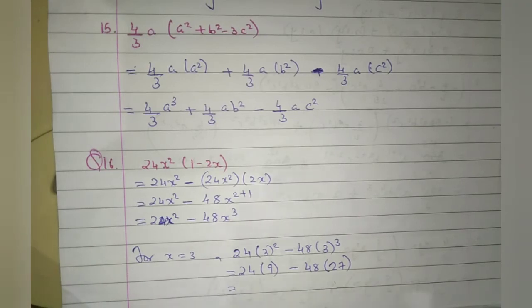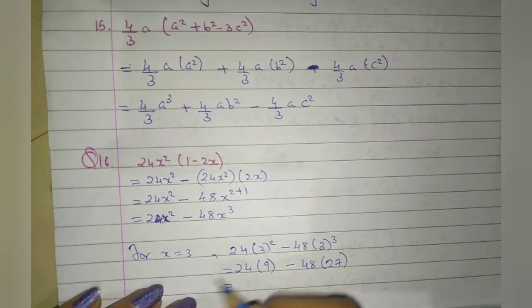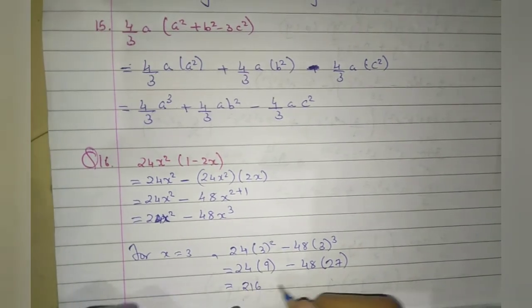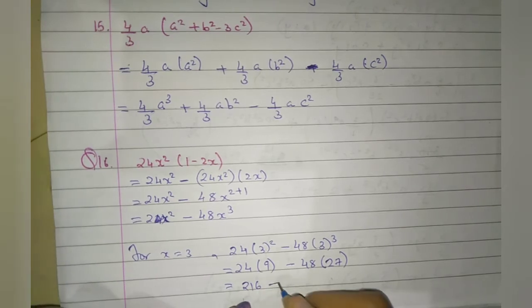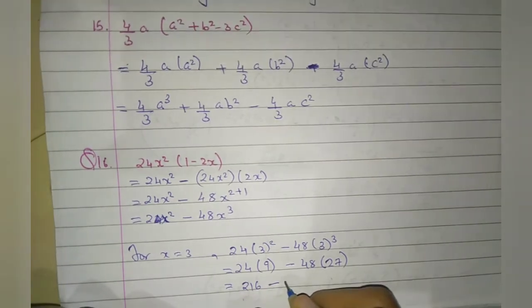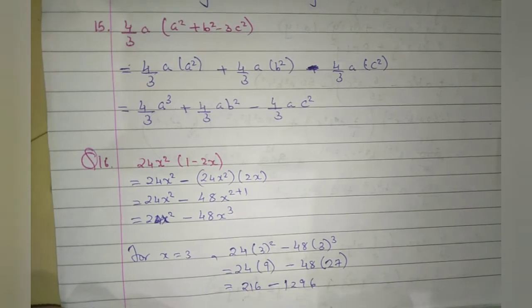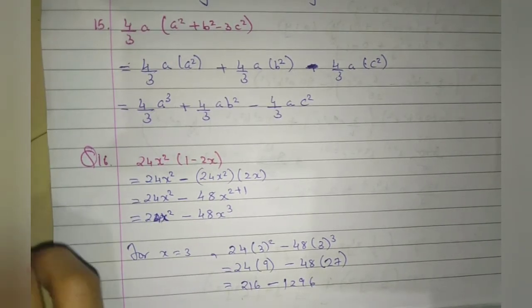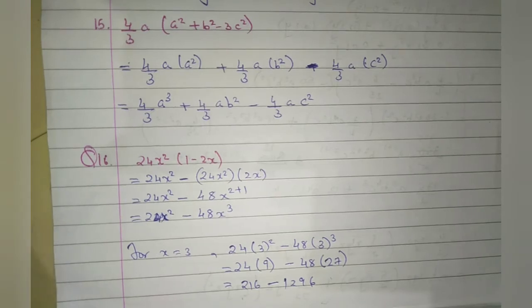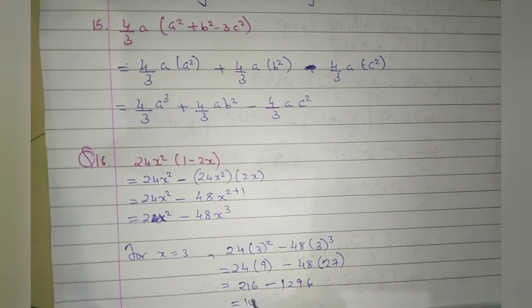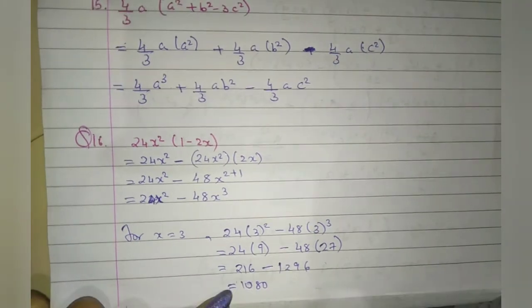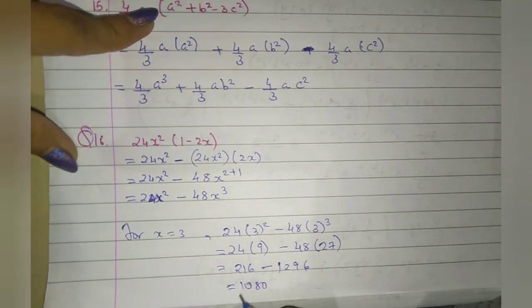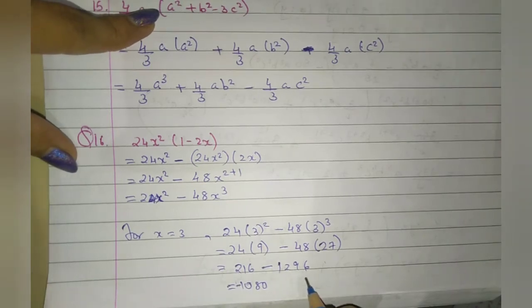So multiply it, 24 into 9 is 216, minus 48 into 27 is 1296. So now we have to subtract, equal to minus 1080 is the answer. Here it will come minus because the greater number is 1296.